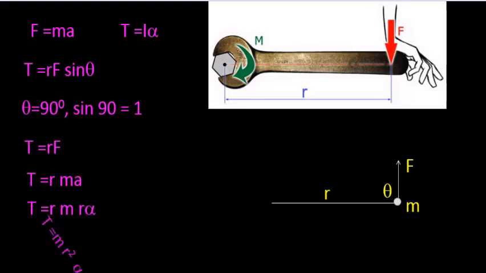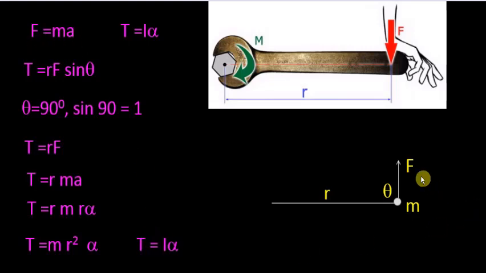Therefore, we get the next step, m R square alpha. But this m R square, the product of mass and square of distance, is moment of inertia. The product of mass and square of distance from the center of rotation is the formula for moment of inertia. Therefore, we get this expression for torque, which is analogous to force.